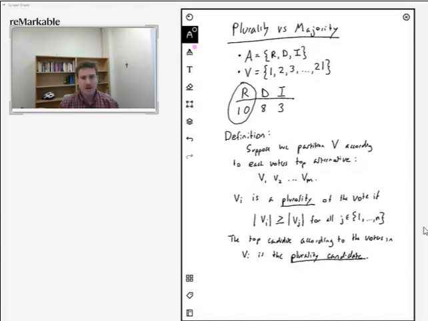Okay, now we want to distinguish the notion of a plurality of the vote and a plurality candidate from the notion of a majority of the vote, or a majority candidate. Right? So this will be a new definition.